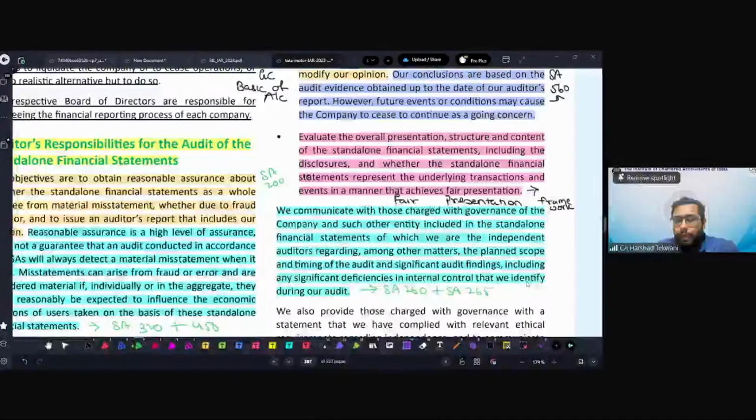Absolutely. Remember, in SA 260 and 265, there was a list of matters which we were required to report to the management. One was the planned audit scope and timing, how we are going to plan and perform the audit, the nature, the extent, significant audit findings, and significant difficulties identified during the audit. And 265 talks about significant deficiencies in internal control that you are required to report to the management and those charged with governance.